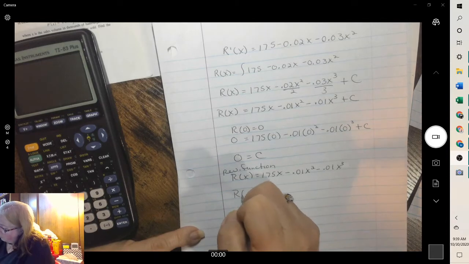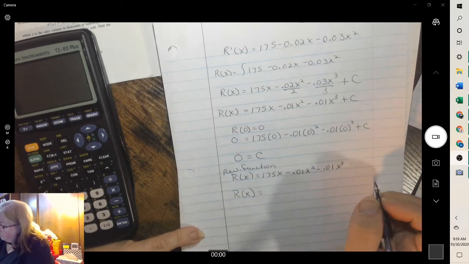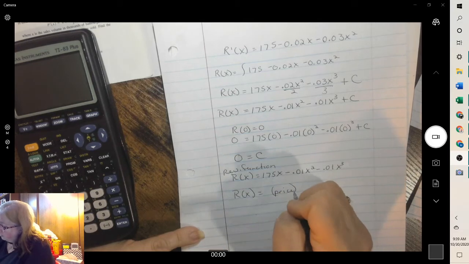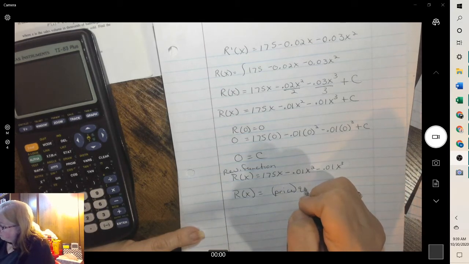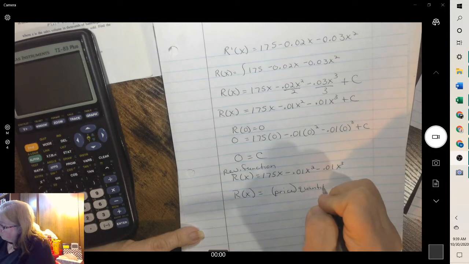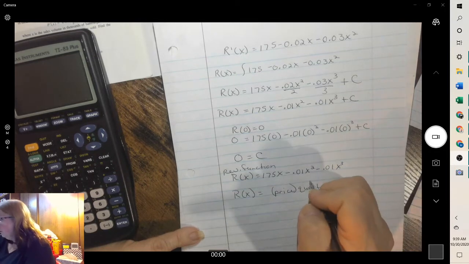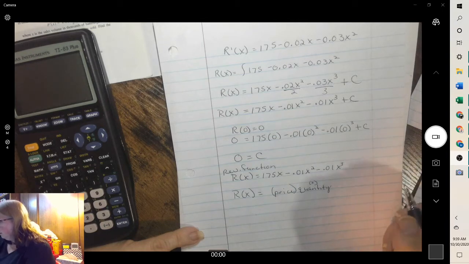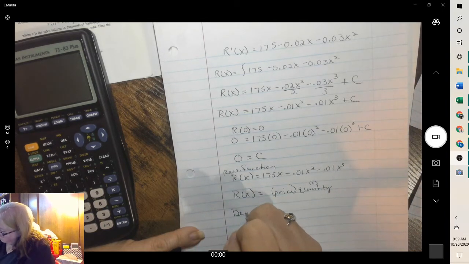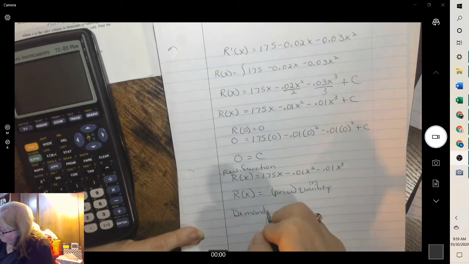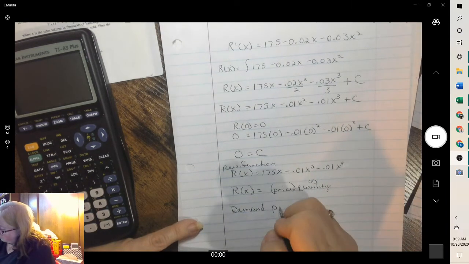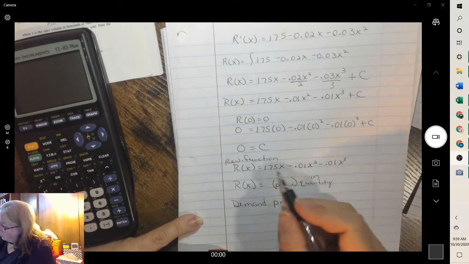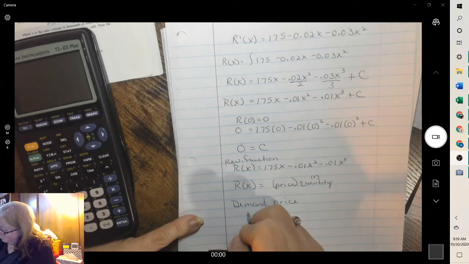If you remember when we found demand, or the price, we took price times quantity, which was either our x or our q. We need to pull that q out to find the demand. So you just pull out an x or divide it all by x.